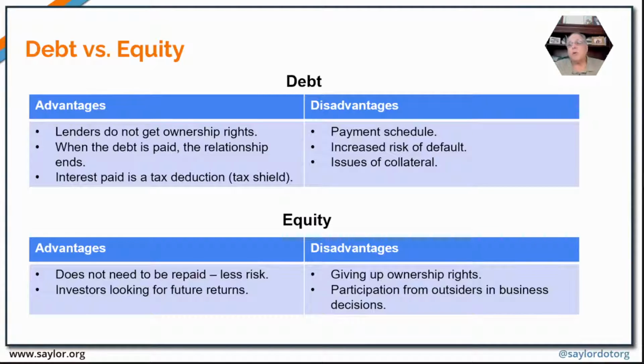The disadvantage, of course, is that you're giving up ownership rights. So the individual who starts a business, it becomes very successful, it starts to grow. There's an opportunity to expand even further. You open up to investors, you go on the stock market and sell stock. You are now giving up ownership rights in that business to new investors. And that obviously means that now you have participation from folks outside of your business in business decisions.